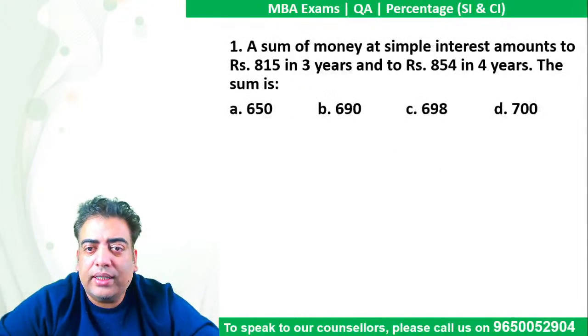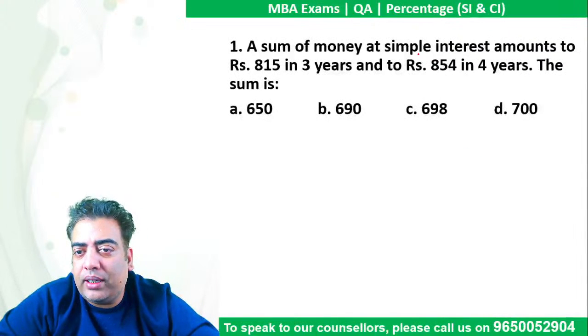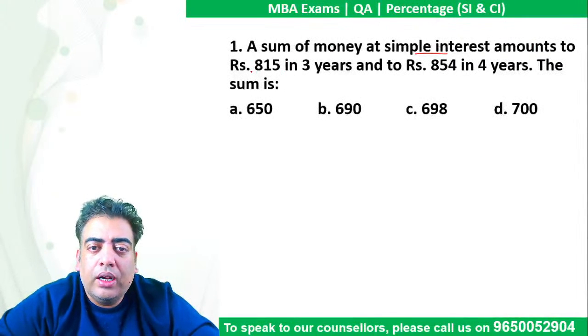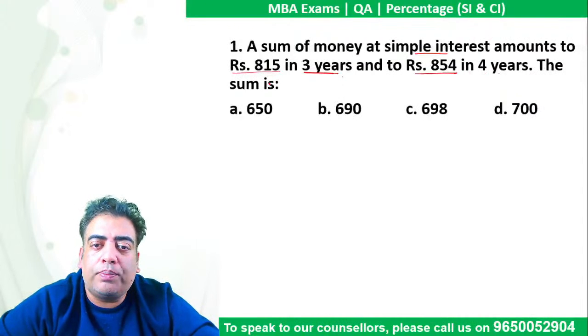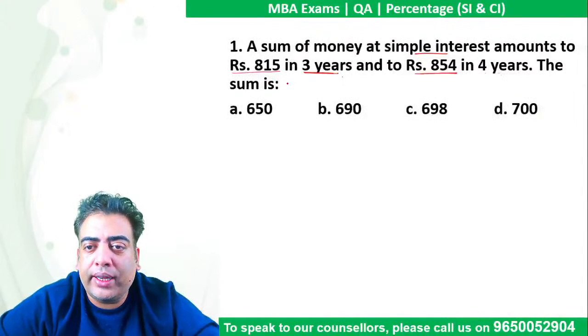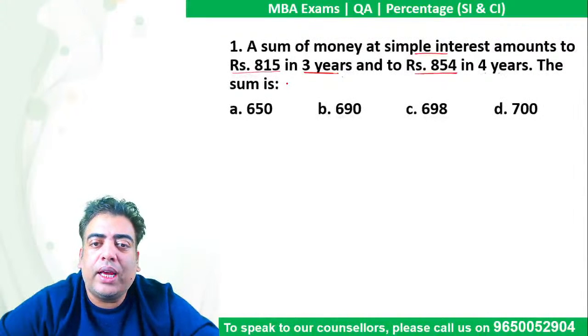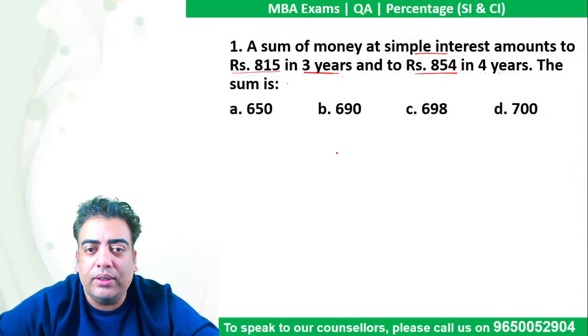So here it says a sum of money at simple interest amounts to rupee 815 in 3 years and rupee 854 in 4 years. The sum is, so जो पैसा आपने इन्वेस्ट किया वो बताना है कितना होगा, and we can say we are required to figure out the principal value.